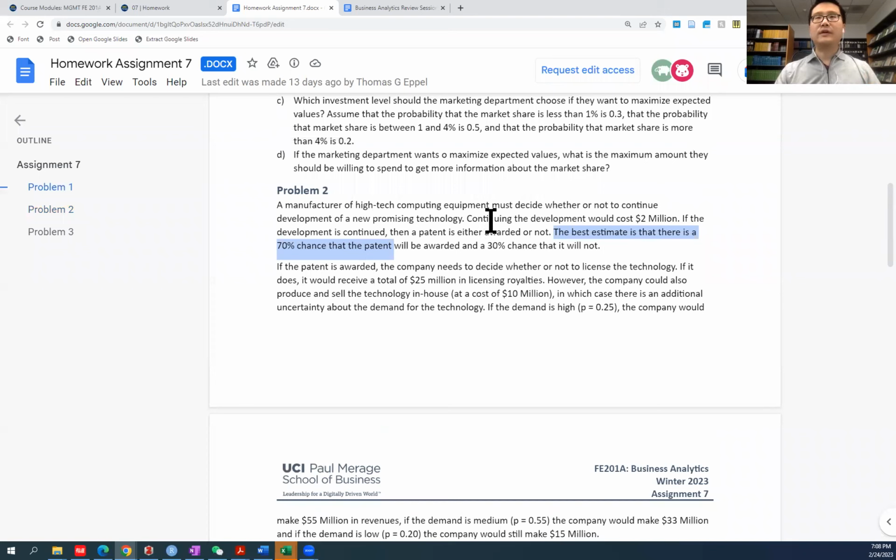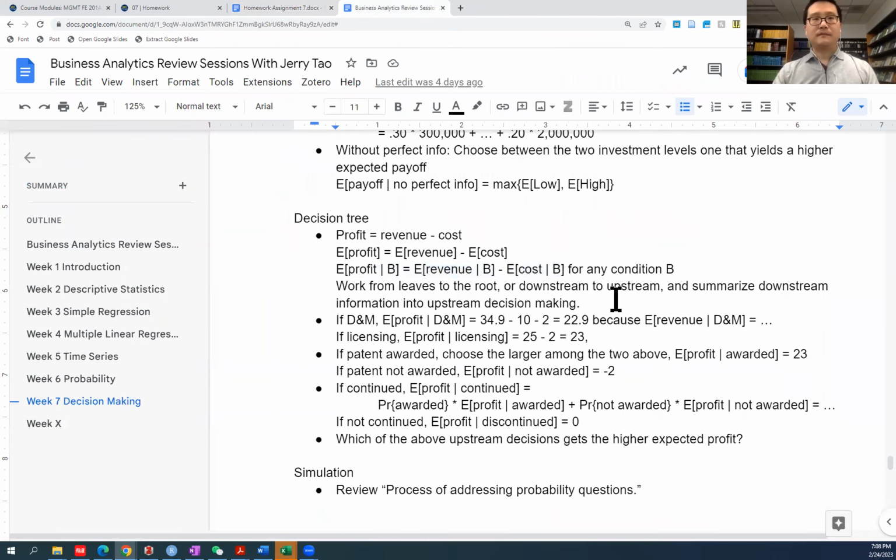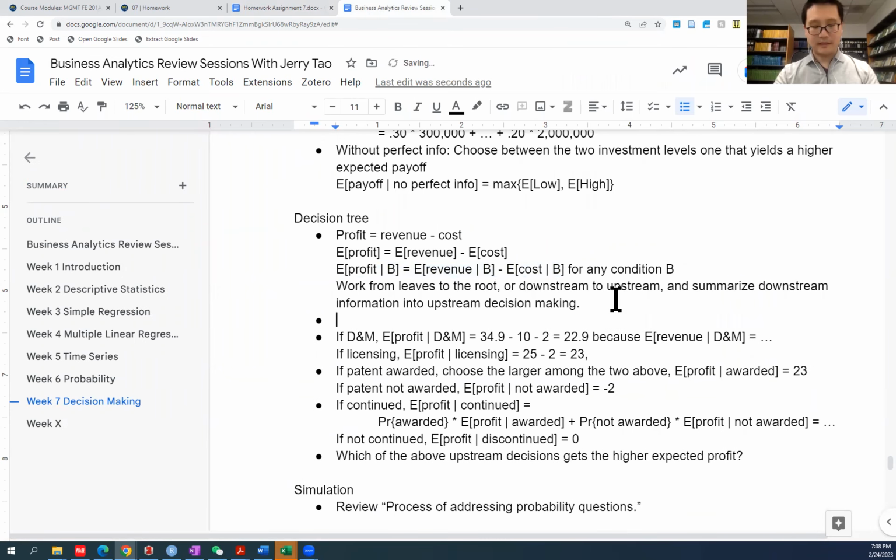First, we know that the first decision is about whether to continue the development at all. So let's see, steps. First is to continue or not, right?